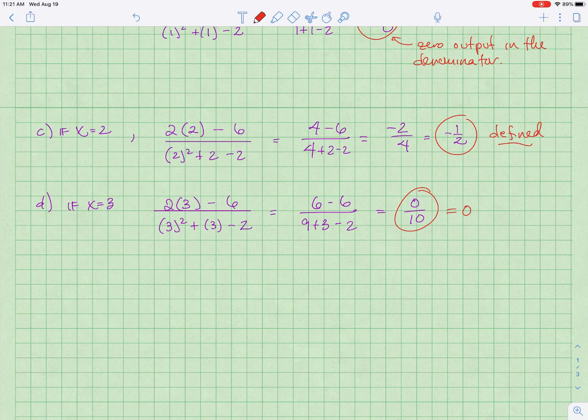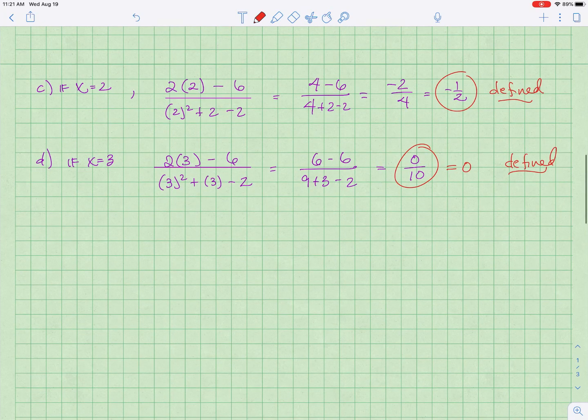And that's actually equal to 0. It's still defined. 0 is a real number. But here, the numerator equals 0, so the entire expression equals 0.